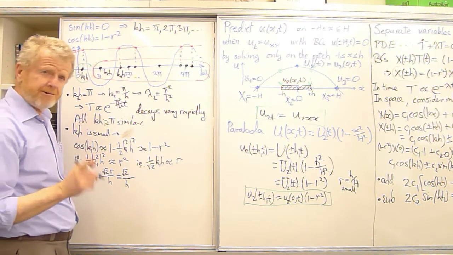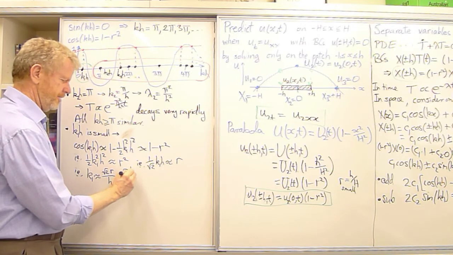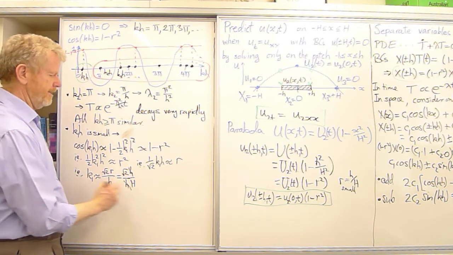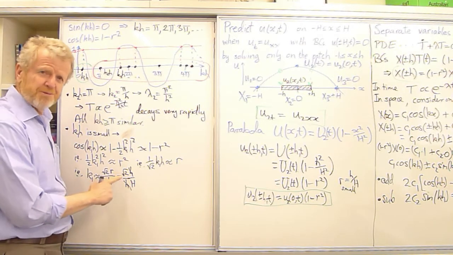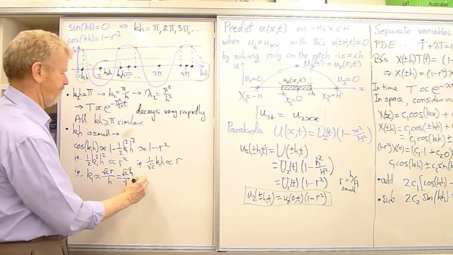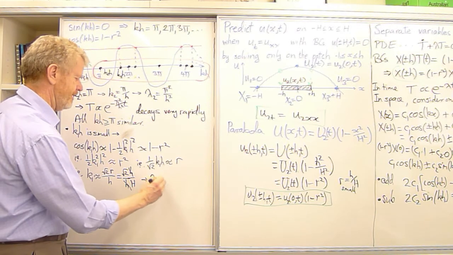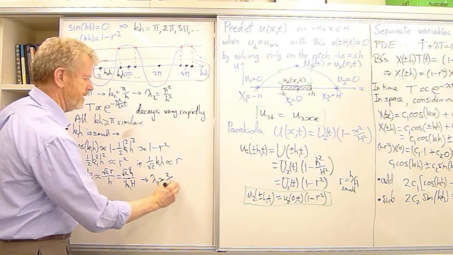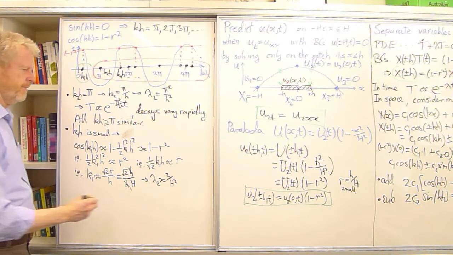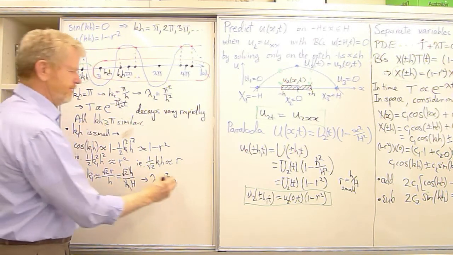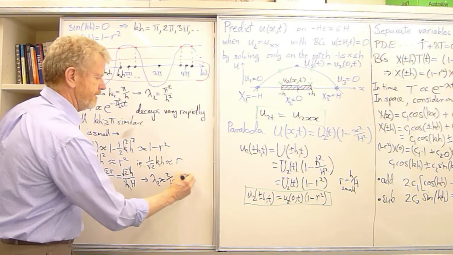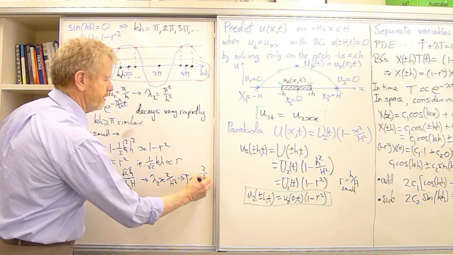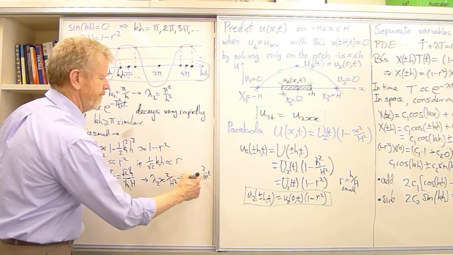Now remember, r is little h over big H. Now you see the little h's cancel, and k1 is approximately root 2 over big H, which leads to lambda 2 being approximately 2 over big H squared. And that leads to the time dependence being proportional to e to the minus 2 over H squared t.